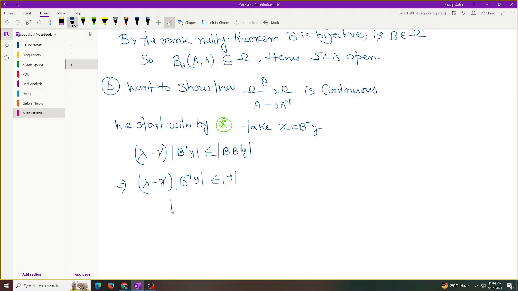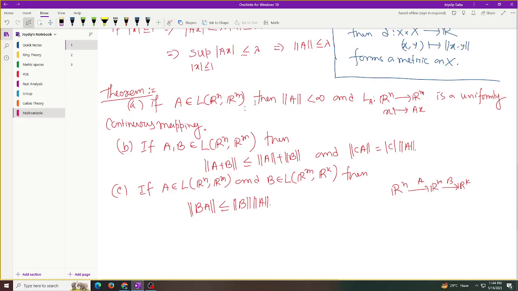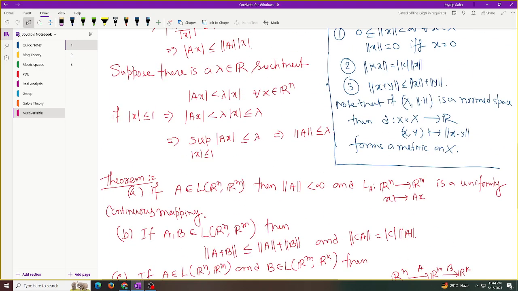So B inverse y, sorry, one by, this is positive, so again using this line, norm A is less than equals to lambda if mod Ax is less than lambda x.